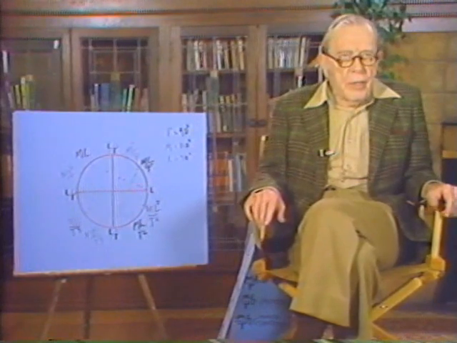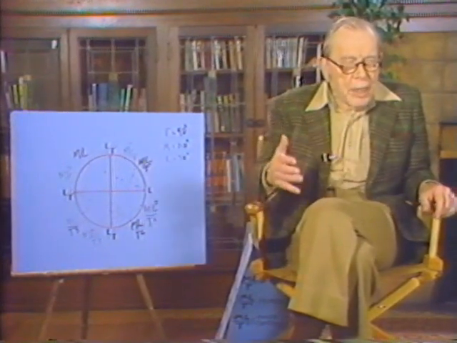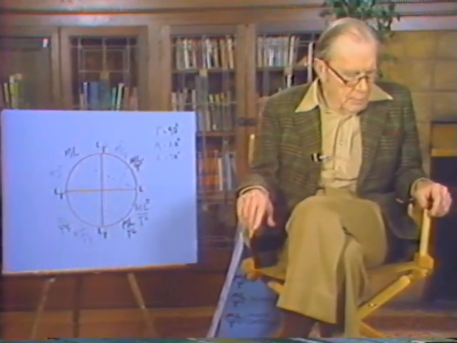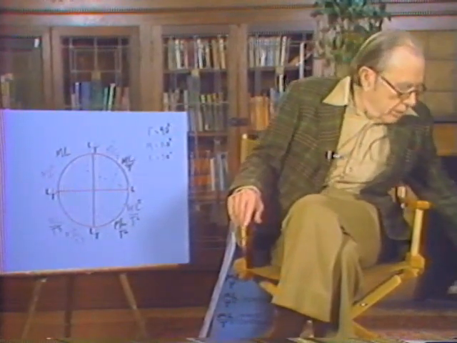This is a way of spreading out, you might say, all the information you need. But as with any spreading out of information, what do you do with it? Well, for this I need another diagram.